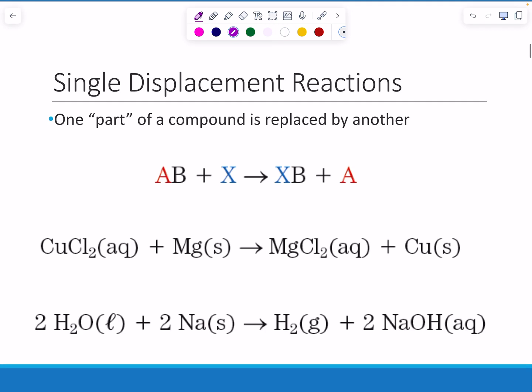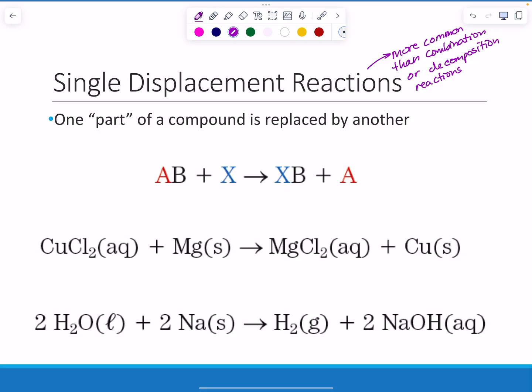So precipitation reactions are kind of a subset of displacement reactions. These are also much more common than combination or decomposition reactions. So they're very common things.